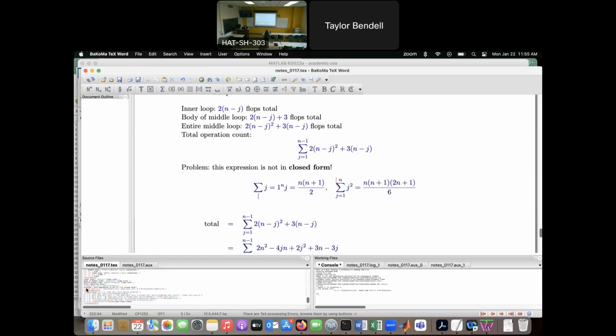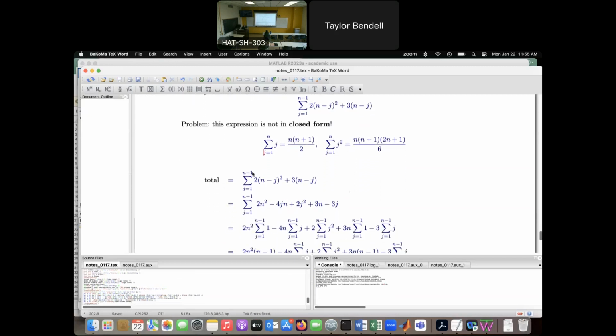So the sum of the first n integers, and then we have this formula for the sum of the first n squares. So both will help us here.